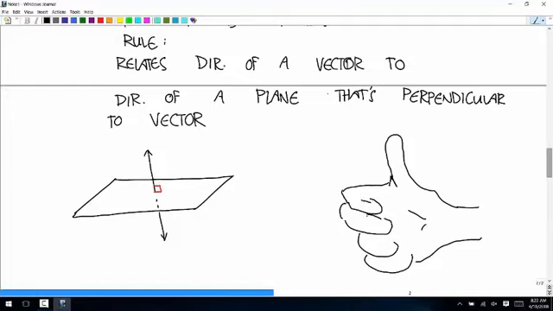The way this works is the thumb is always the direction of the vector, and the fingers are always curling in the direction of the rotation in the plane.